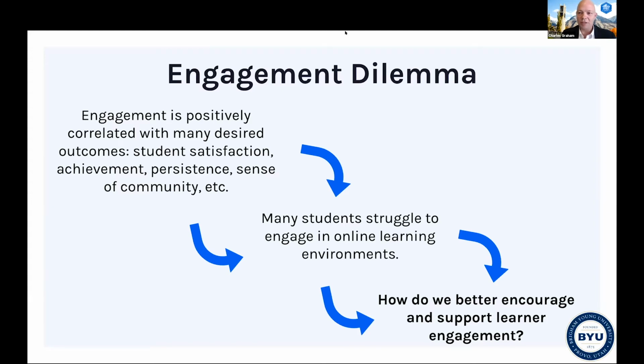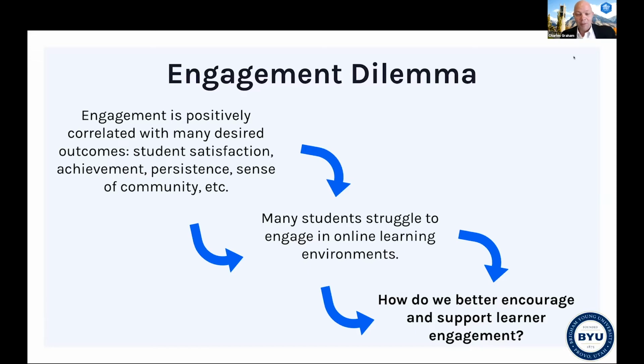I want to start by just saying there's a kind of engagement dilemma that we deal with in online and blended contexts, and that is that we all know that engagement is positively correlated with so many different outcomes: student satisfaction, achievement, persistence, sense of community, and many others. This has been clearly documented in the research.